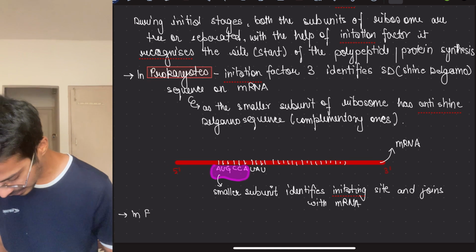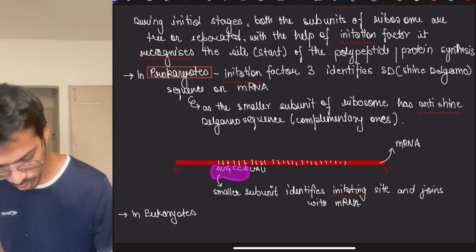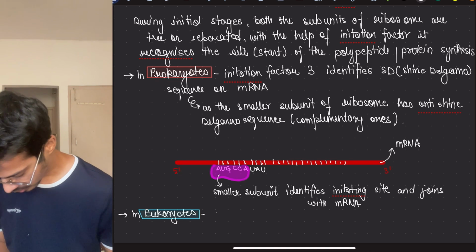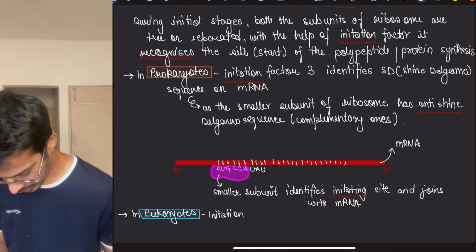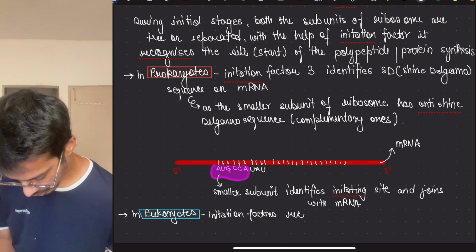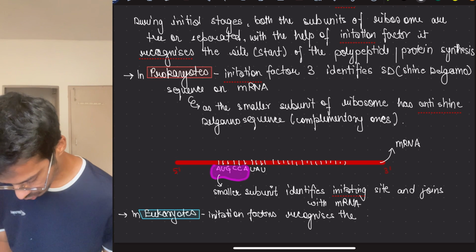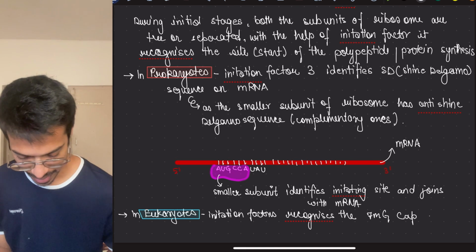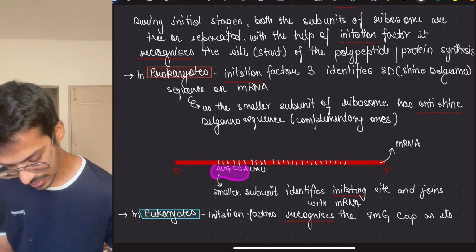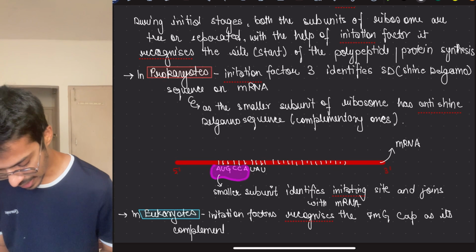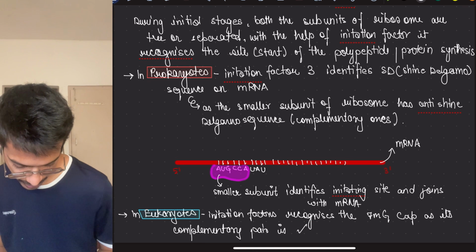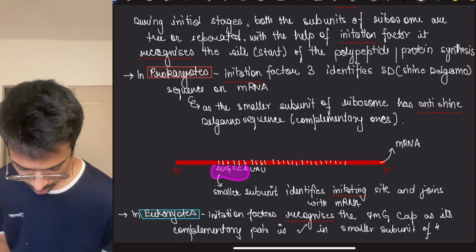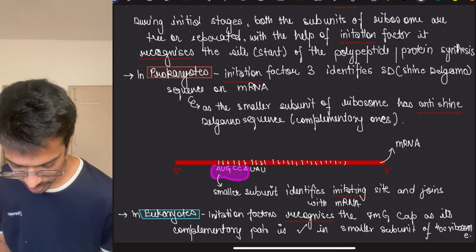Next thing in eukaryotes: the initiation factors recognize the 7-methyl guanosine cap, as its complementary pair is present in the smaller subunit of the 40S ribosome, because here the 40S ribosome will work.